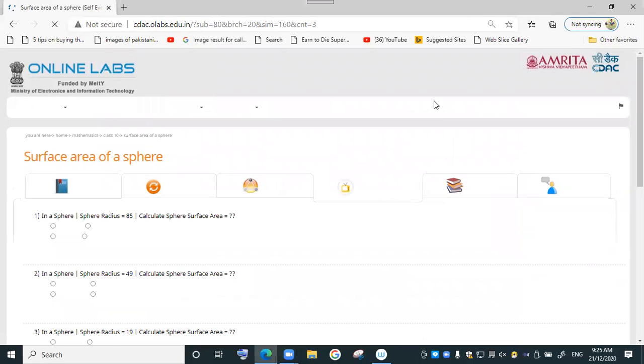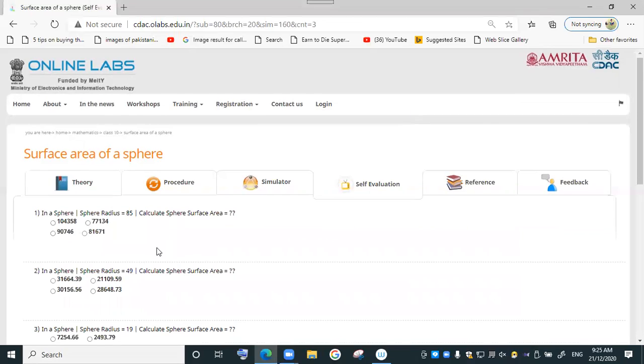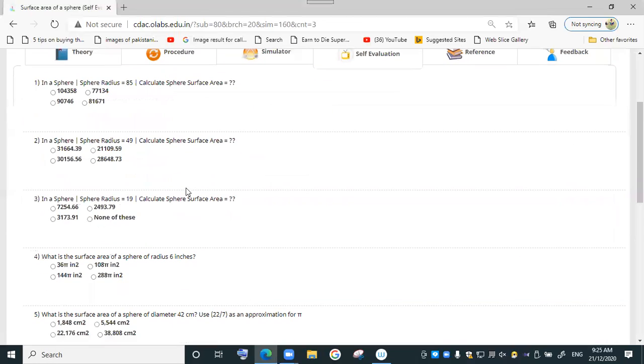Self-evaluation. Yes, now you have to tell me the answers. In a sphere, the radius is 85. Calculate the sphere's surface area.